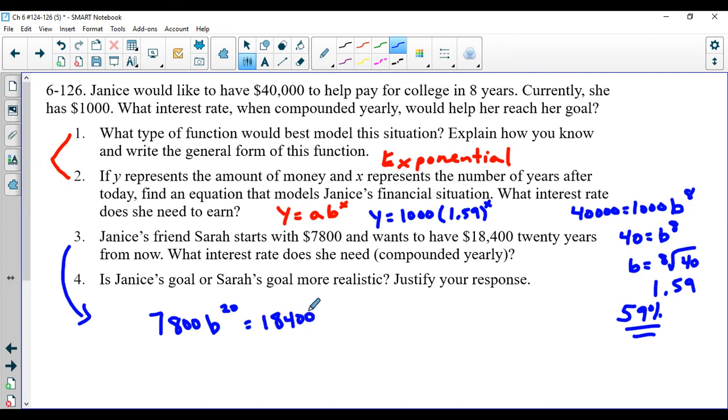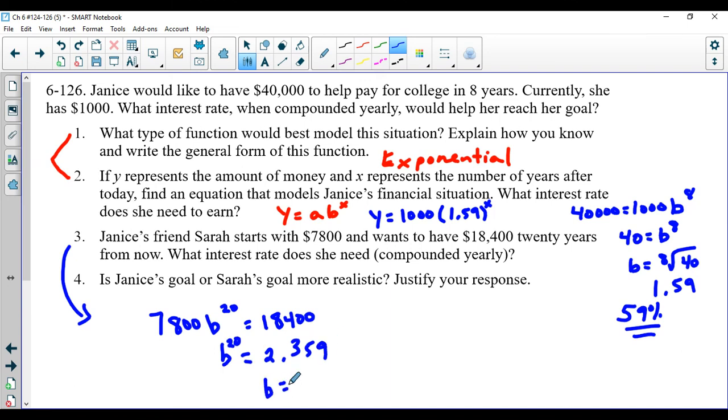Well, if I divide 18,400 by 7,800, I get approximately 2.359.